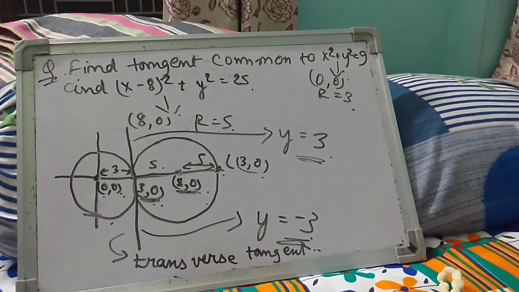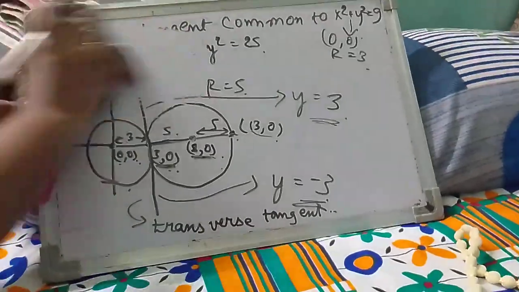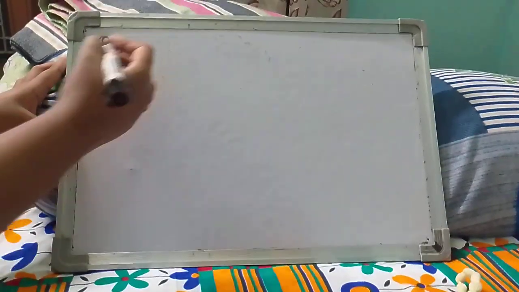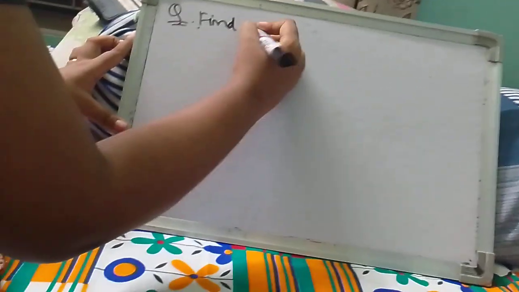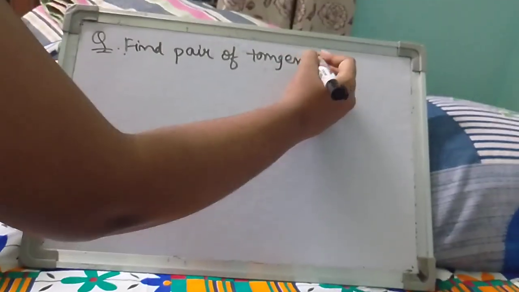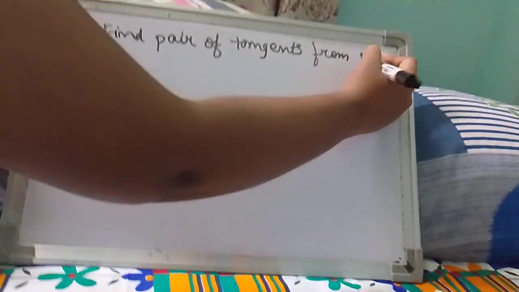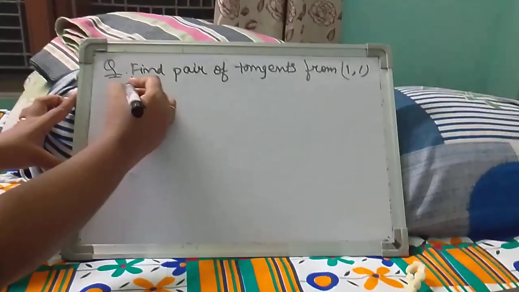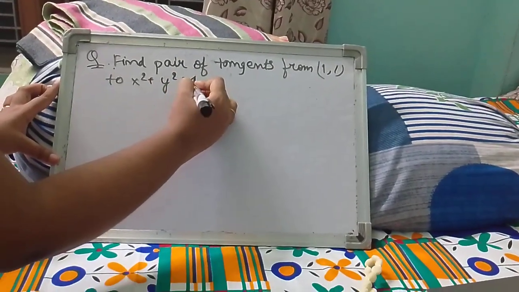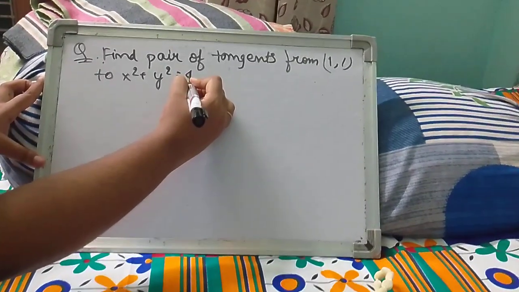Now let's solve a question on pair of tangents. Find the pair of tangents from (1, 1) to x square plus y square equals 4.